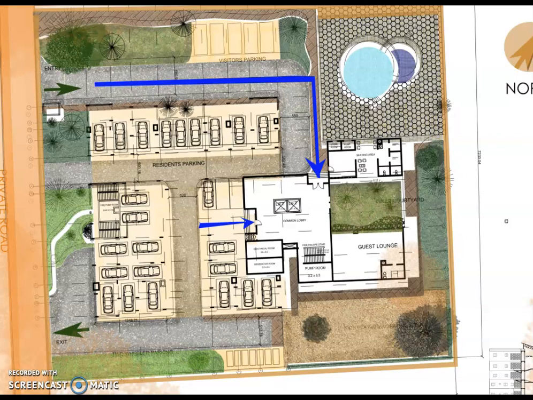As a person enters the lobby through the parking, there is a direct view to the courtyard such that the parking, lobby, courtyard are aligned in an axis to each other as shown. There is a direct entry from the courtyard to the pool area as indicated.